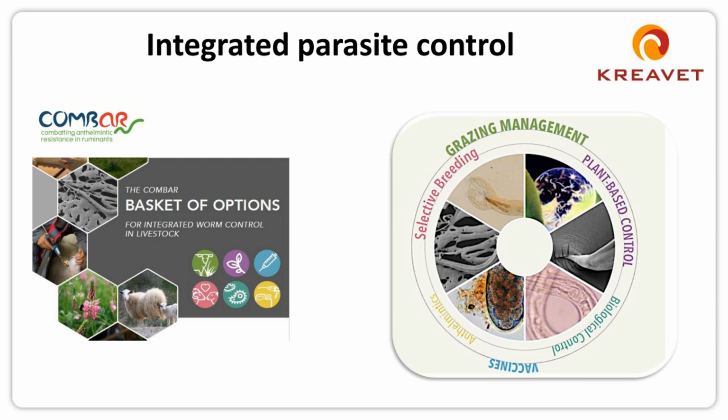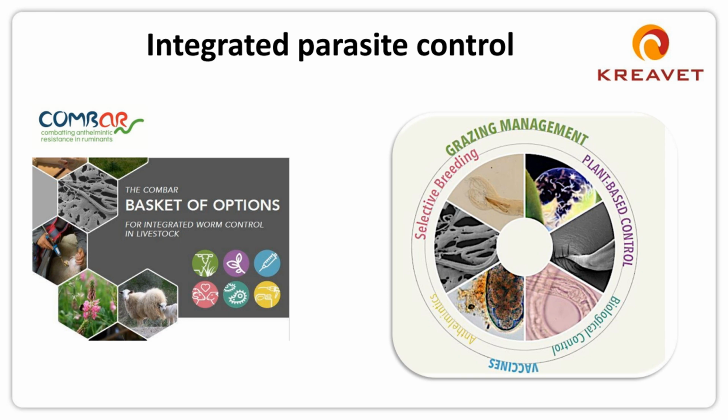This can be clear consideration of grazing management that can often have protective effects against the parasites. This can be breeding for resilient or resistant animals that build good immunity to the infections. This can be plant-based control.